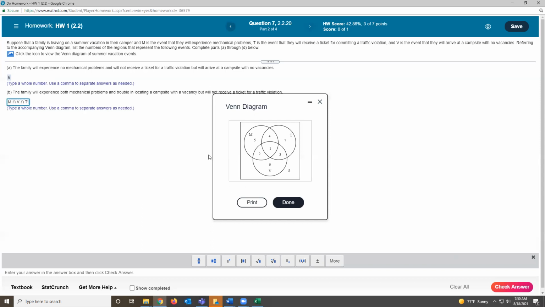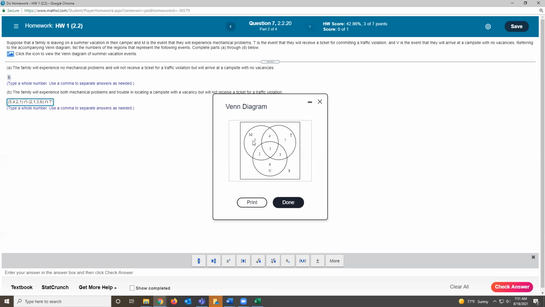And then once we have reached this one, it's exactly the same as before. So M is 5, 4, 2, 1. So I replace them with 5, 4, 2, 1. V is 2, 1, 3, 6. And T is 4, 7, 1, 3.